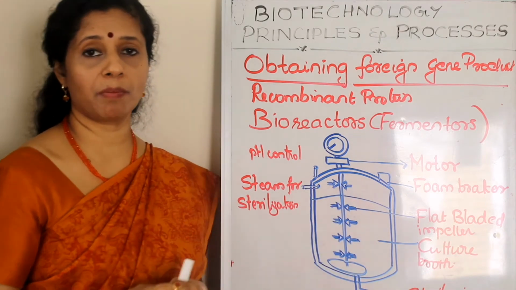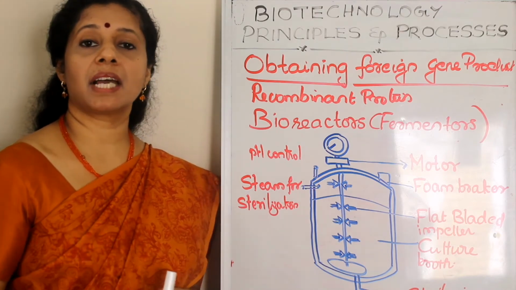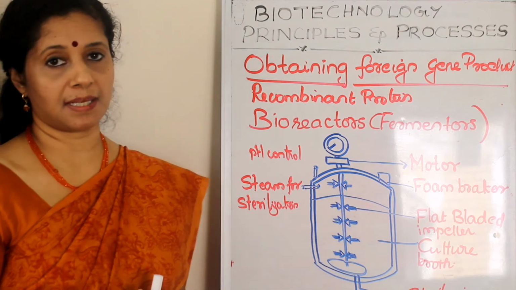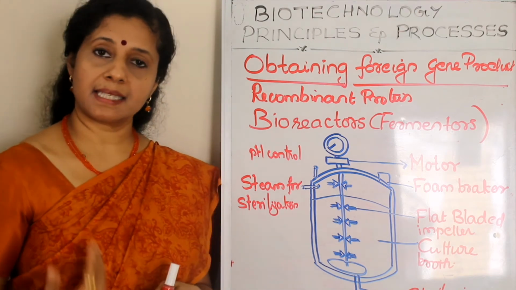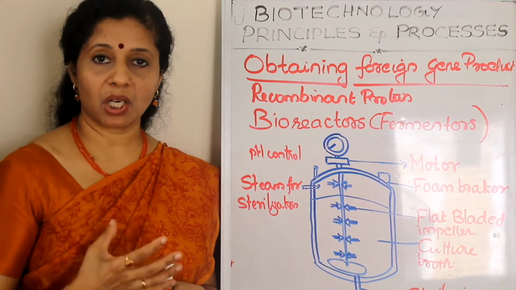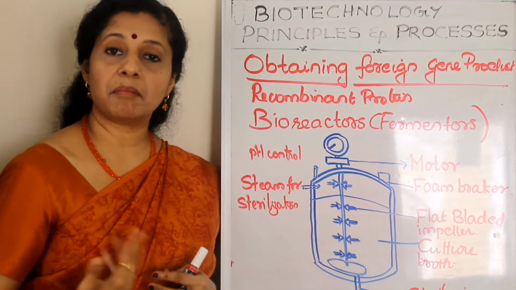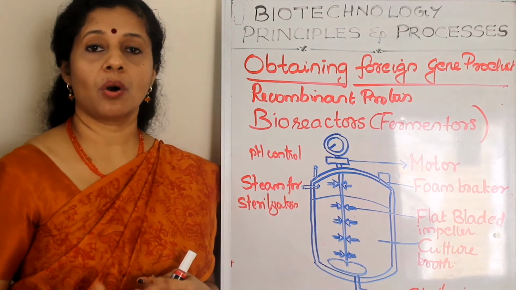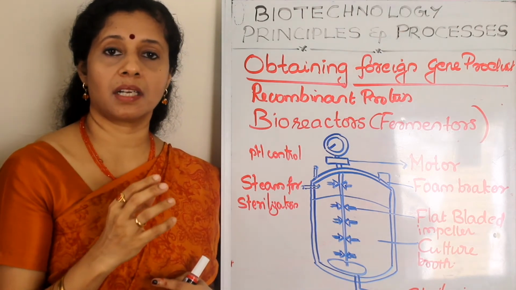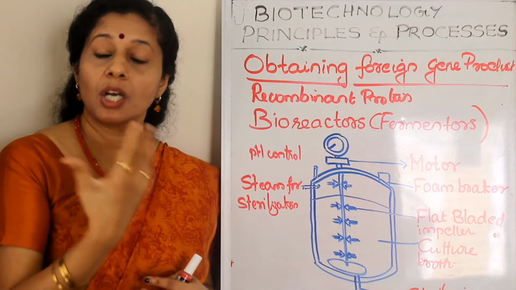This is the most common type of bioreactor used. Whereas in the simple sparged tank bioreactor, no shaft is there but oxygen is sparged into the system. But recently many sophisticated types of bioreactors are being developed, because when we are agitating it, it can damage the culture cells or the host cells, or even when we are aerating it, the sheer velocity of the oxygen bubbles can also affect the whole system.